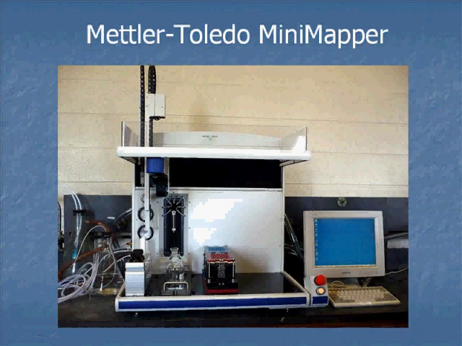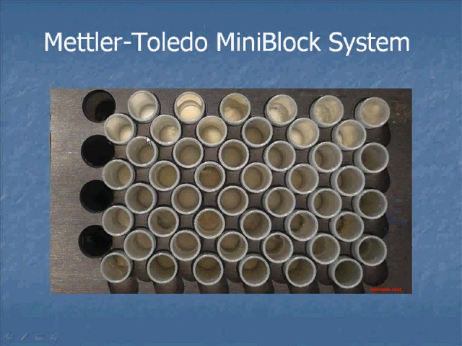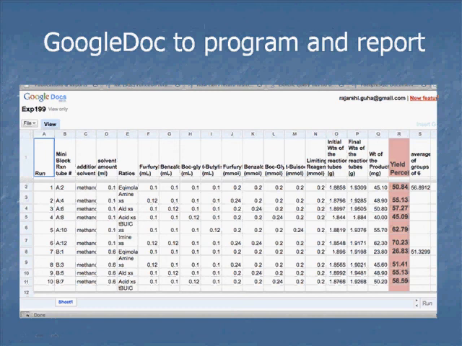So the last thing I'll tell you about is we have this robot that Mettler Toledo was kind enough to lend us in my lab, and we were able to do 48 reactions in parallel, and we thought we would use this to do an optimization. So we took this Ugi reaction and we modified different parameters: concentration, the excess of some reagents, solvent, and we basically recorded the yield.